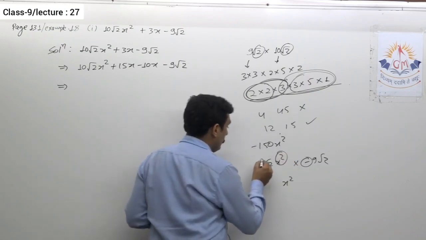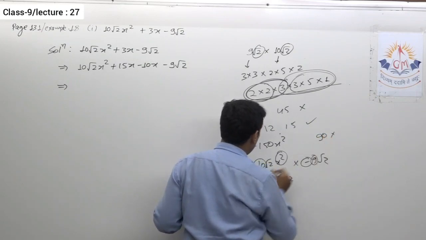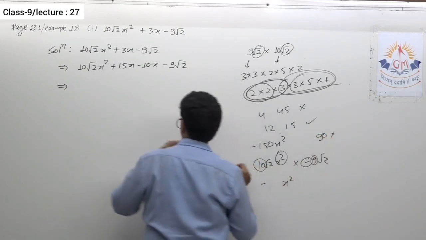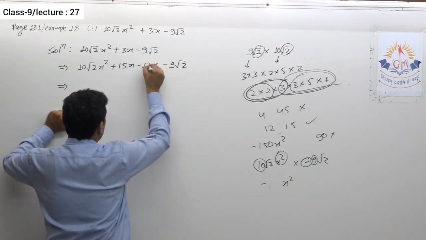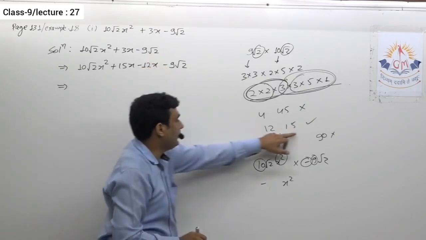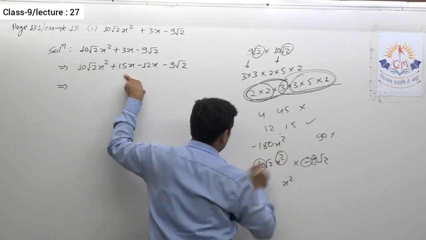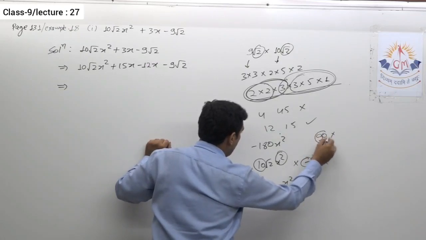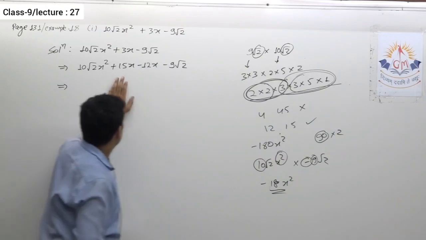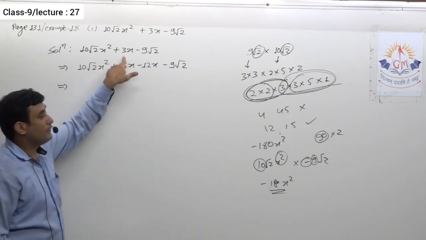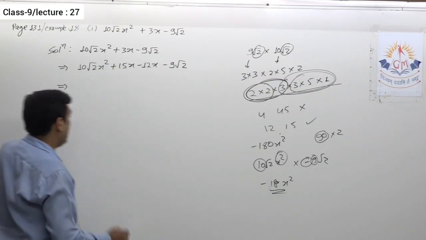Now 10 multiplied by 9 is 90, and root 2 multiplied by root 2... here I made a mistake, actually it should be 12x, because the terms are 15 and 12. So their product is 180, and here 10 into 9 is 90, root 2 into root 2 is 2, so 180 x square. Yes, they are the same. So the difference is the middle term and the product is the product of the first and last term. That means we are on the right track.